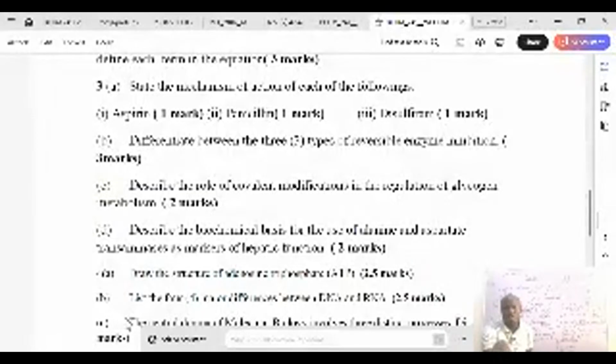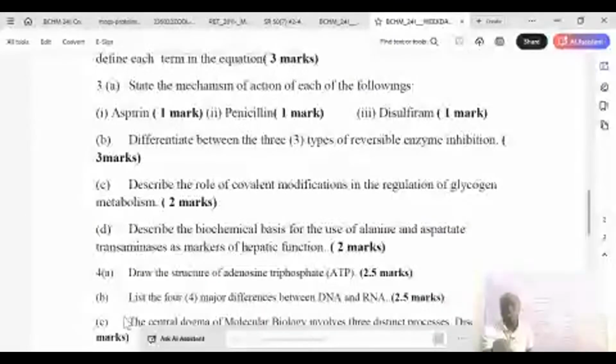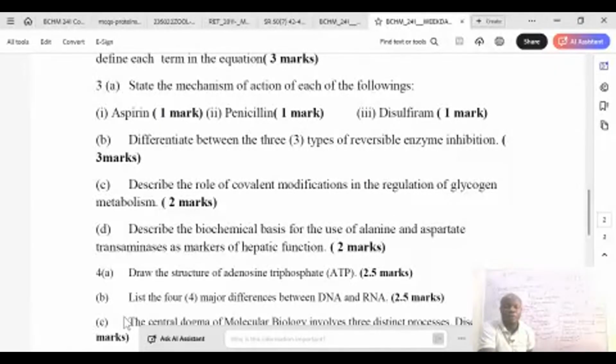But the energy for primary active transport is ATP, while the energy for secondary active transport is in the form of an electrochemical gradient, as proton motive force.